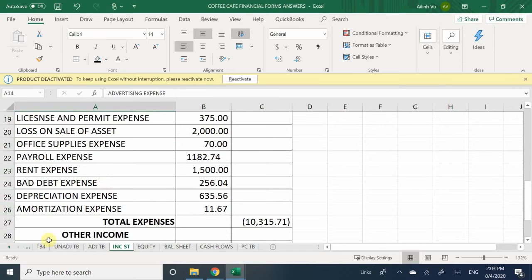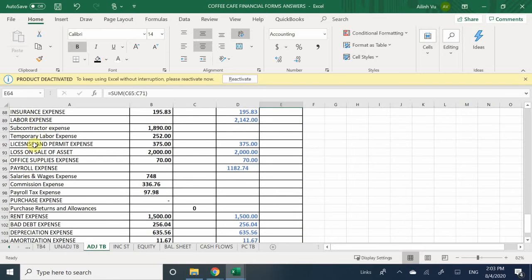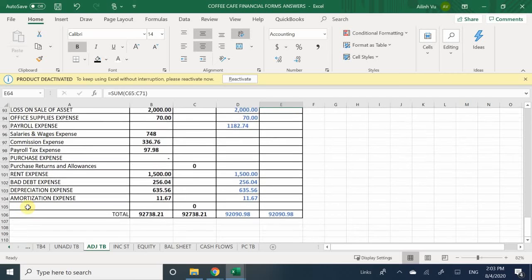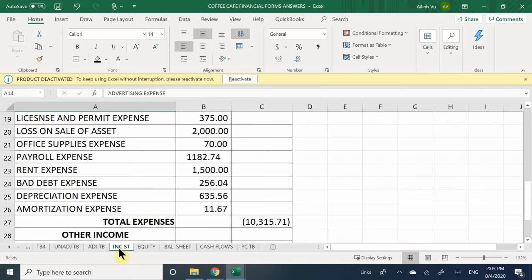So the last thing that we had was amortizing expense. Okay, so this one you can just grab right in your adjusted trial balance. Underneath everything, you're going to have all your operating expenses down here. You're going to grab all those numbers and transfer them to the income statement, which I did right here.